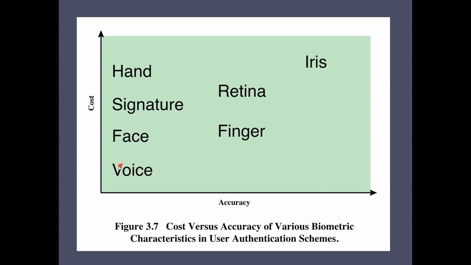See that voice has the least cost, but its accuracy is questionable. Face, retina, iris, and so on.